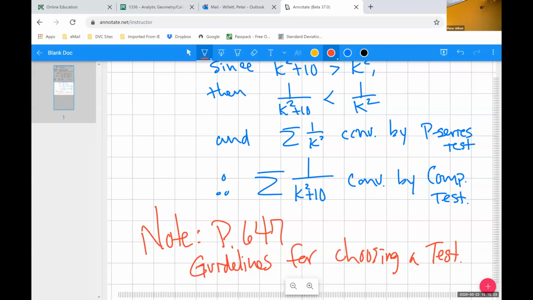So that'll just help as you get used to these. And again, in the previous section in 6.4, you'll have practice with those other 3 tests.